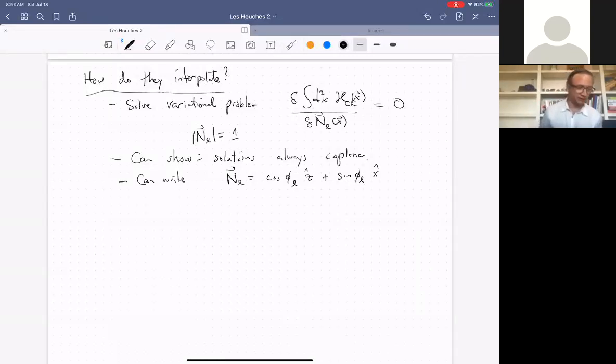And so we'll get 2 coupled nonlinear equations for these 2 angles, phi 1 and phi 2. It's convenient to write this in terms of symmetric and antisymmetric combinations. And one can show that these equations are of this form.